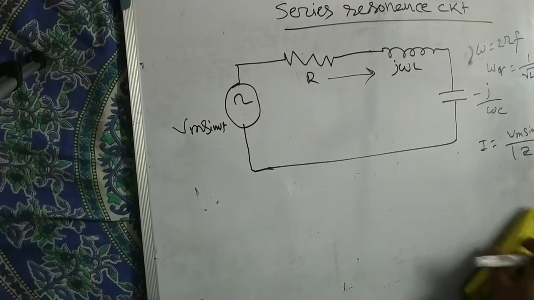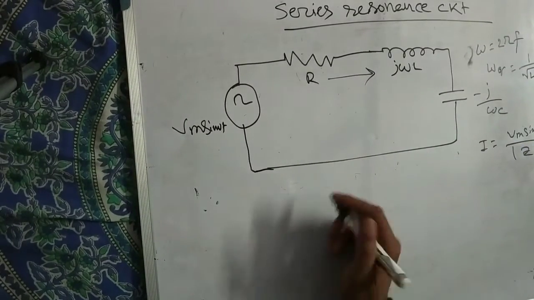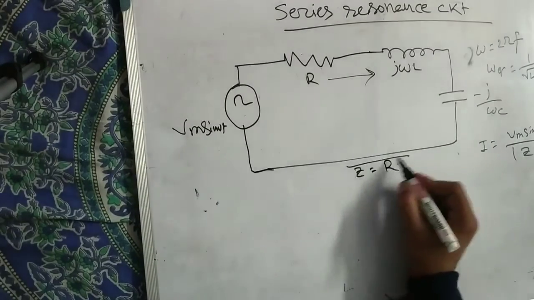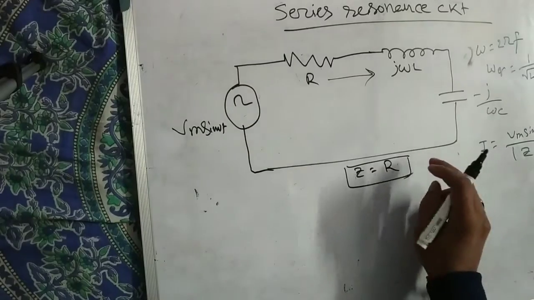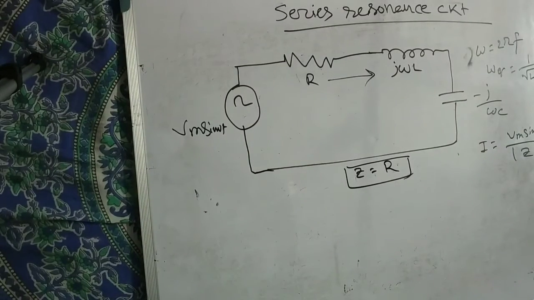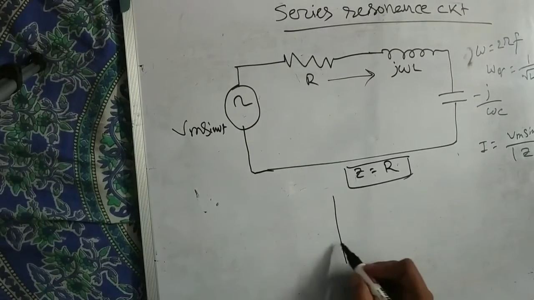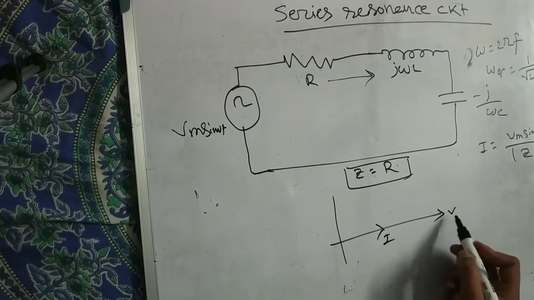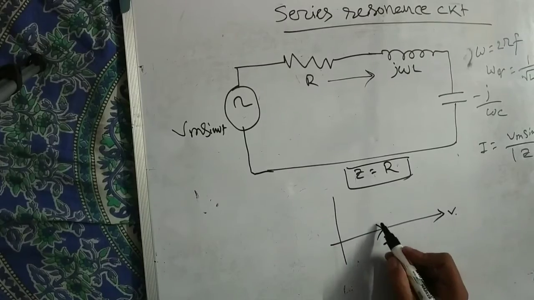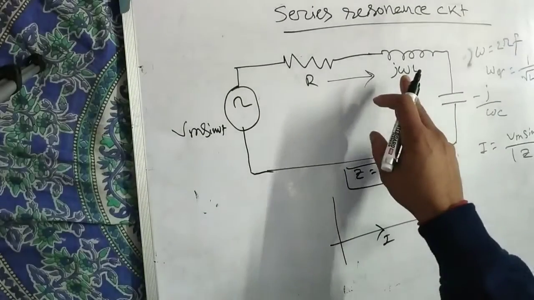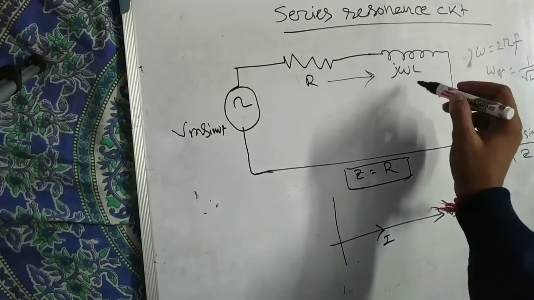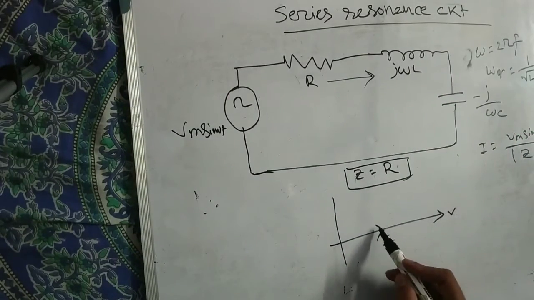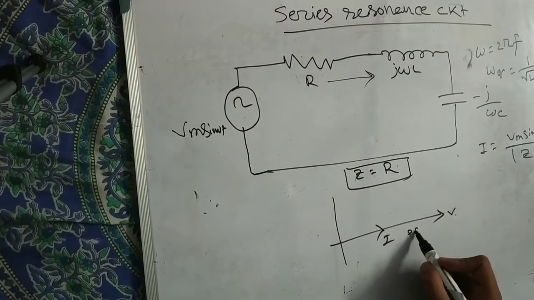At this resonance frequency the total impedance in the circuit is R, resistive. We know in a resistive network the power factor is 1, meaning voltage and current are in the same phase. We have inductance and capacitance, but we are also getting power factor equal to 1.